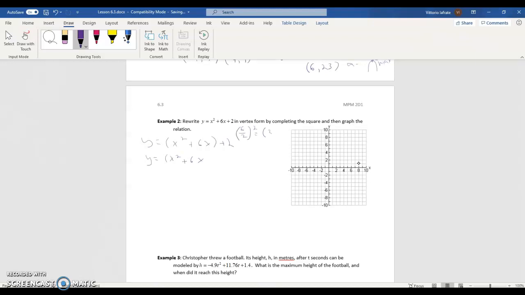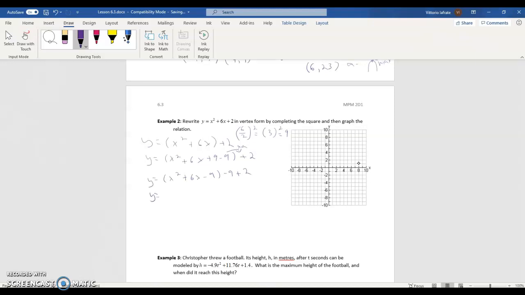So that's going to be 3 squared, which is 9. So plus 9 minus 9 plus 2. Take this, subtract the value out, and multiply it by the a, which is 1. So y is equal to x squared plus 6x plus 9 minus 9 plus 2.